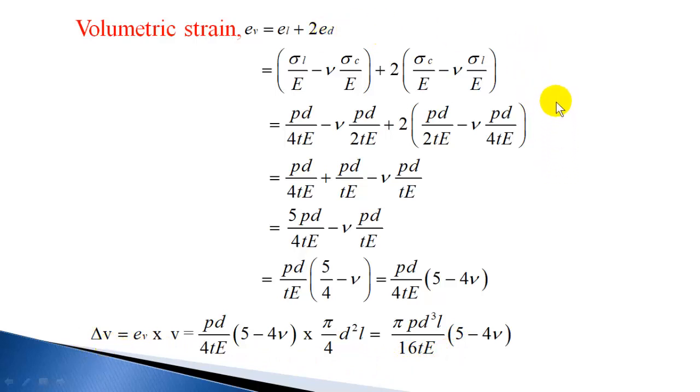Even otherwise you can calculate the change in volume. You need to calculate EL, as sigma L by E minus nu sigma C by E, and ED, you can calculate as sigma C by E minus nu sigma L by E. Then you find out EV. After getting EV, just multiply with the initial volume, which will give the change in volume of the cylinder.